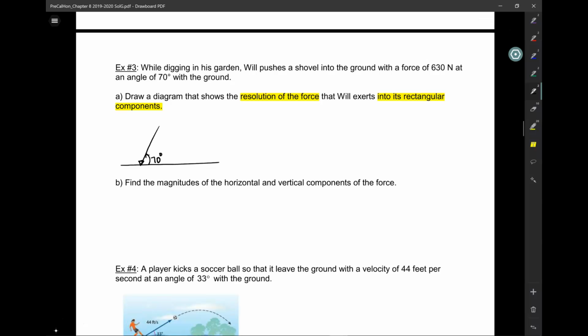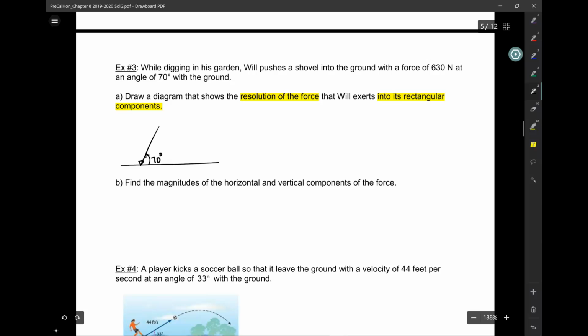So how is Will applying force into the ground? He's applying force into the ground through the shovel, right? So his force vector is directed along the shovel into the ground. So this shovel is what the force vector is being applied through.